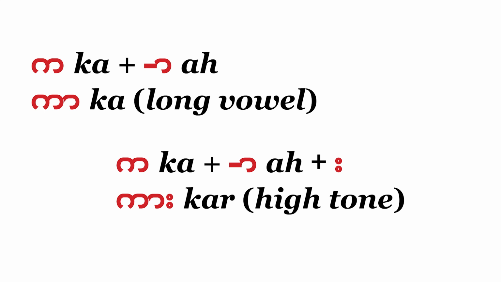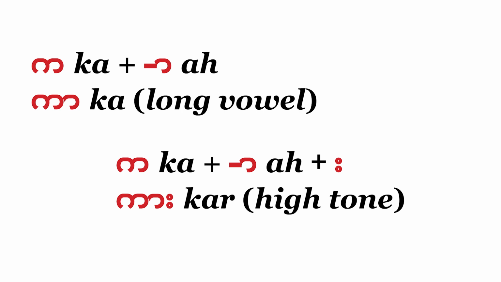And if you take the letter ga, add the yecha, and then add two dots called wasabout or wasanalongbao, it raises the vowel sound into a high tone. It becomes ga.